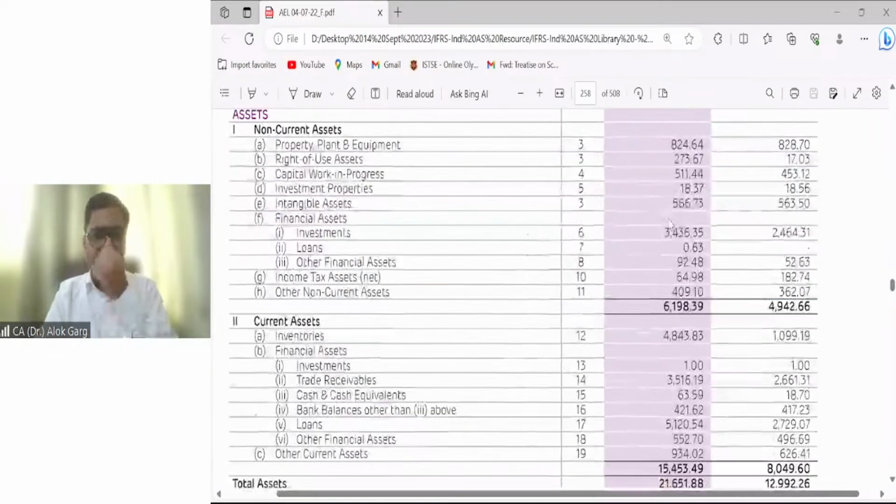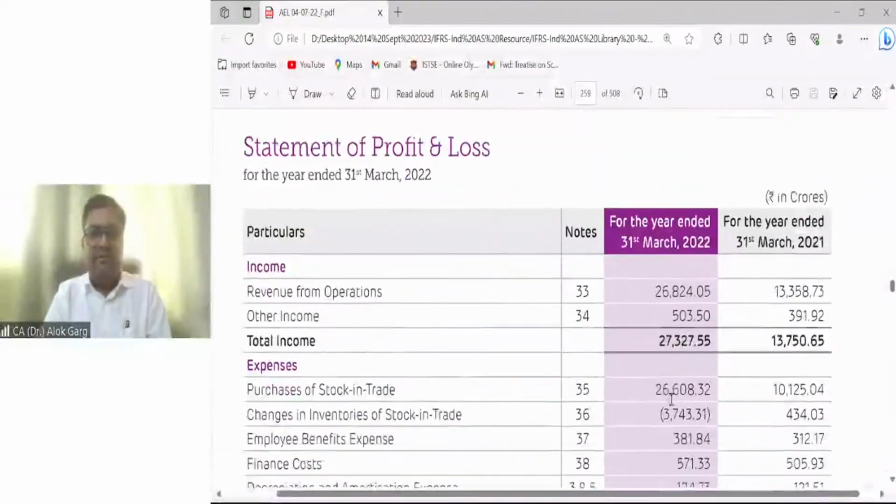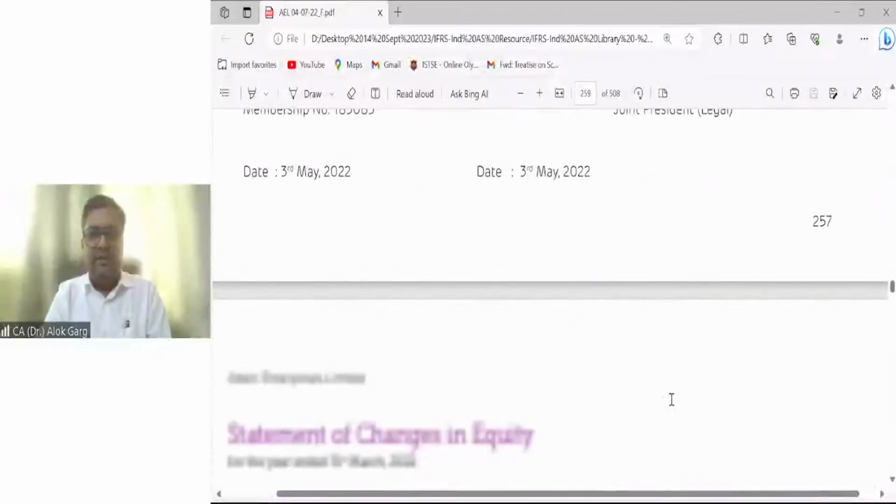In the balance sheet, you can see that there is a cash and cash equivalent, right? Note number 15, cash and cash equivalent. They have given this number in the balance sheet, 63 and 18 is the number. Then let's go to the cash flow statement.